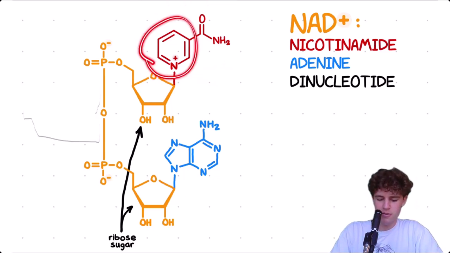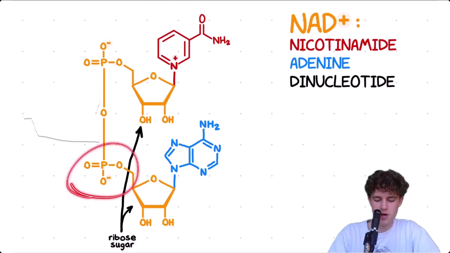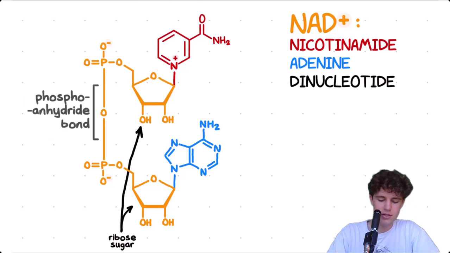Nicotinamide is a pyridine ring with an amide functional group. The sugar component is ribose. You see we have 2 ribose. Now the most interesting part of this compound, in my opinion, is the way these 2 nucleotides are held together. We can see each has a phosphate group, and these phosphates are held together by what is called a phosphoanhydride bond. You can see I stretched out that bond a little bit for visibility.